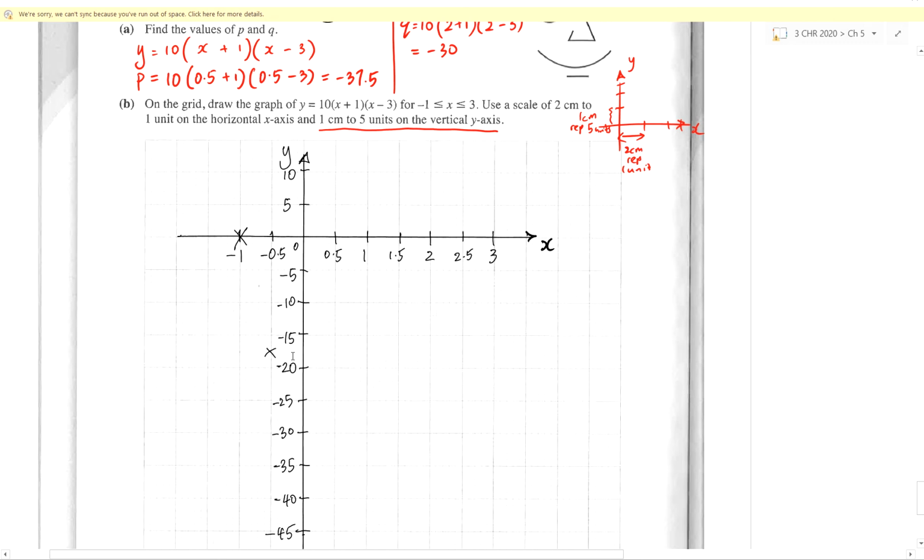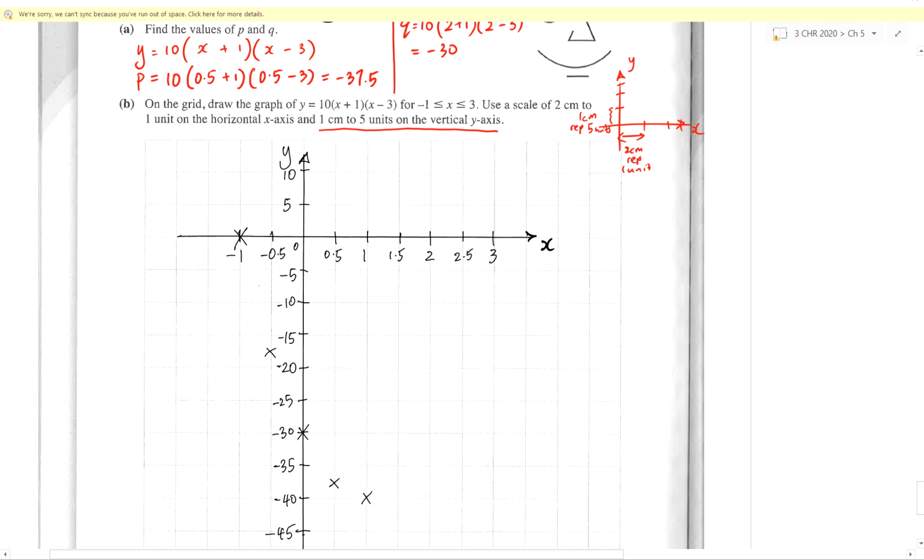Next value we have: x equals 0, y equals negative 30. When x equals 0.5, y equals negative 37.5. Negative 37.5 is right in the middle of negative 35 and negative 40. So when x is equal to 1, y has a value of negative 40.